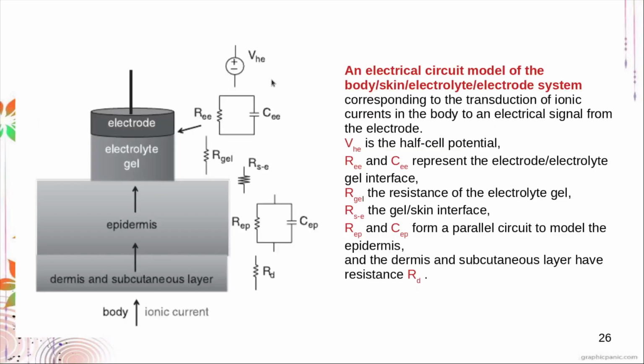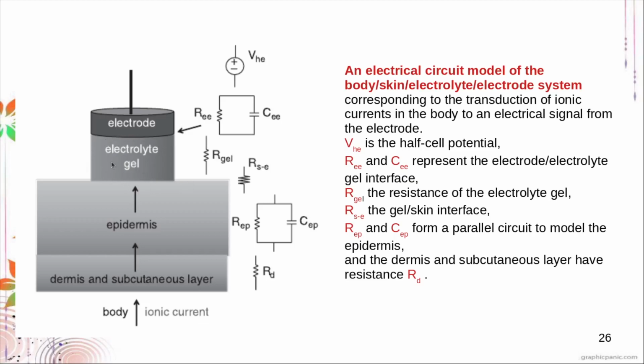So another look at the potential layer. Here you have an electrical circuit model of your body, skin, electrolyte, electrode system. This corresponds to the transduction of ionic currents in the body to an electrical signal from the electrode. So here you have the electrode and then an electrolyte gel.